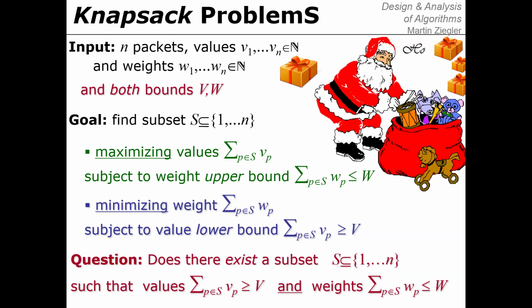When we try to approximate a maximization problem, we try to get as close as possible from below to the maximum. When we try to approximate a minimization problem, we try to get as close as possible from above to the unknown minimum, up to some factor, which is the approximation factor. Two different variants of approximation factor depending on whether it's a maximization or minimization problem.